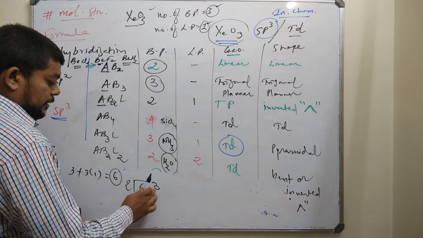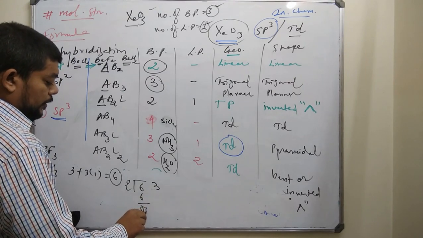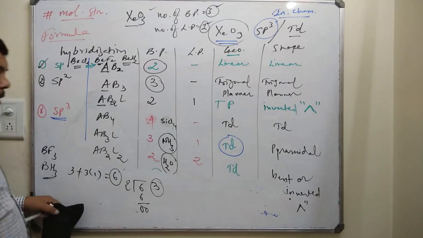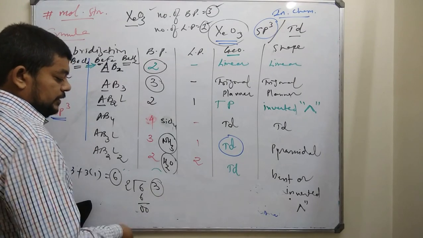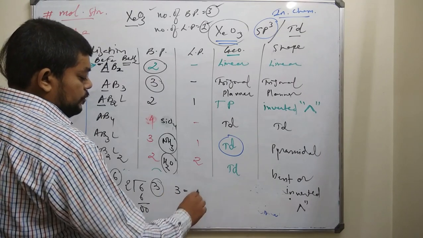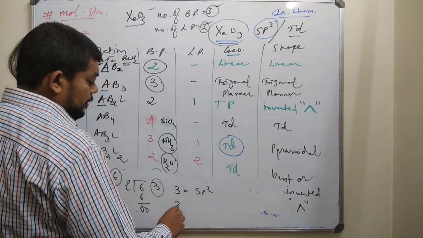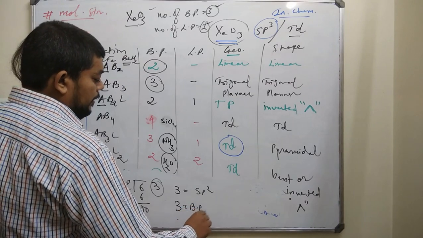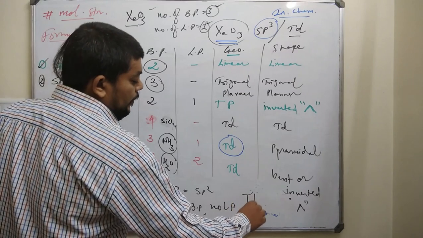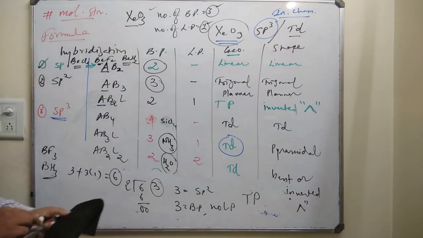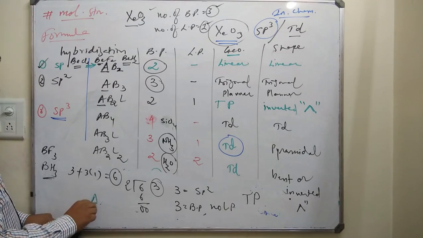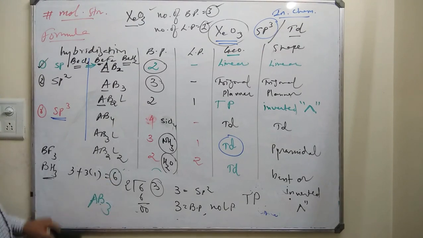Your answer in a single step will fetch you remainder 0, and as there is only one divisor, you will say that 3 equates to sp2 hybridization, 3 bond pairs, no lone pair. Therefore, it will be a trigonal planar geometry and a trigonal planar shape. And as all the 3 are bond pairs, the molecule will be AB3.